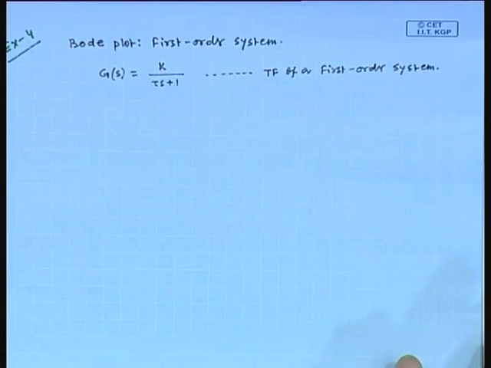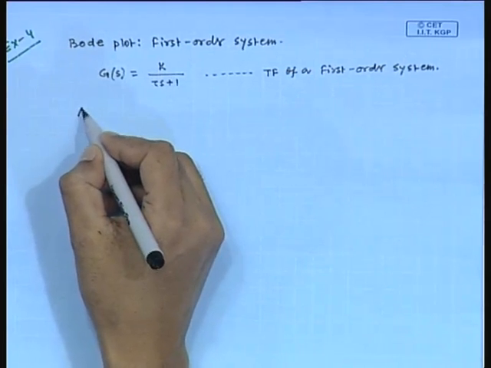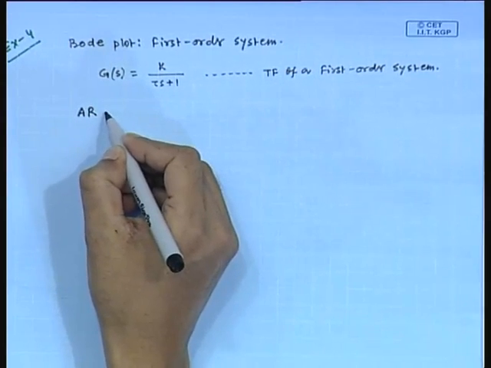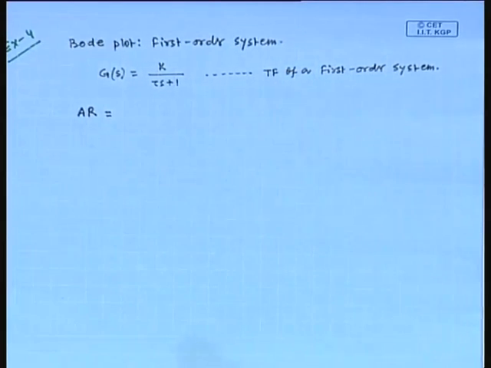Fine. In the last class, we obtained the expressions for amplitude ratio and phi for this first order system.